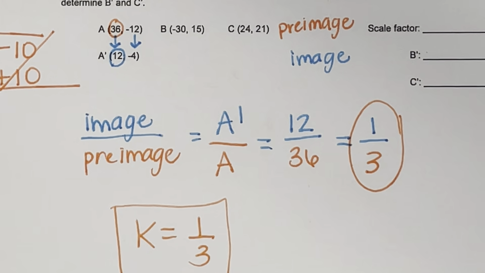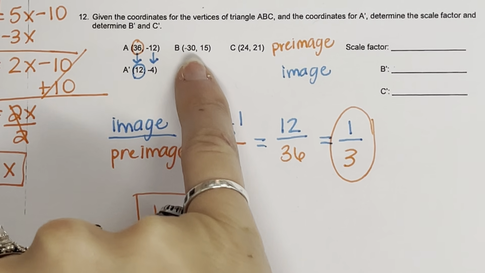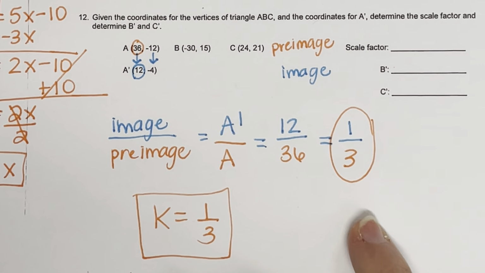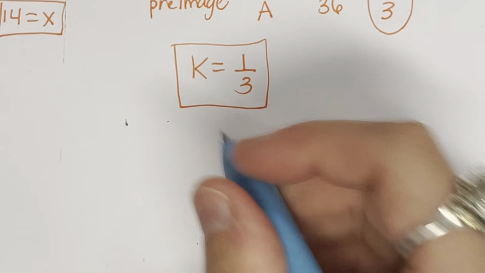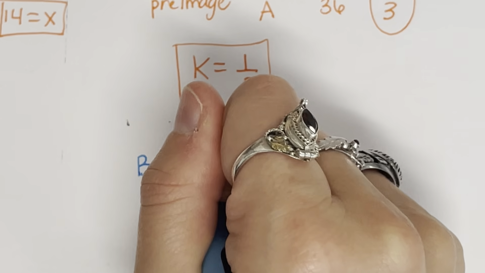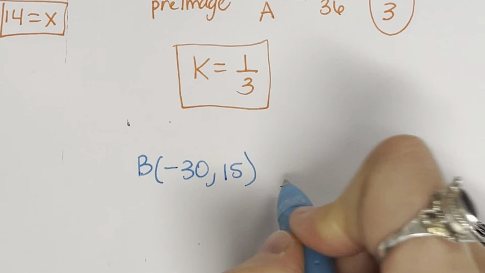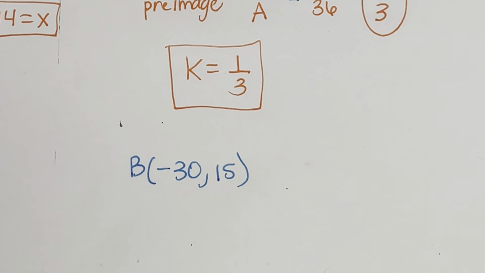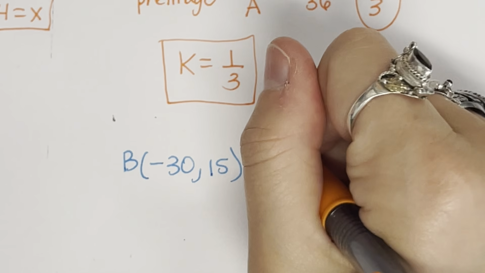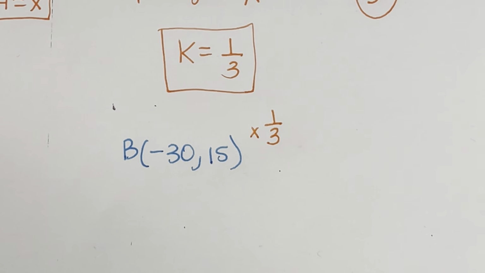So now, knowing that my scale factor is 1/3, I'm going to take my points, my B and my C, and I'm going to multiply by the scale factor. So my B is -30, 15. So I'm going to take that and, just like I did up here, multiply by my scale factor of 1/3.